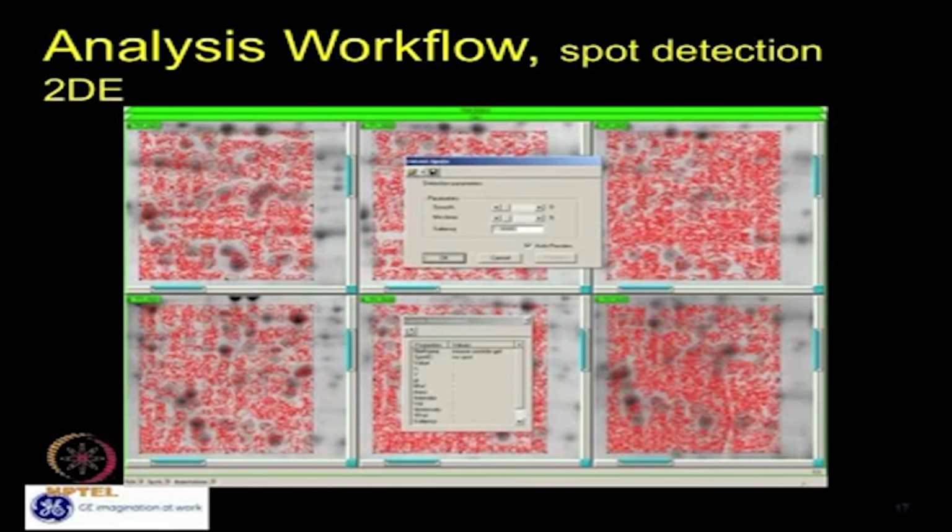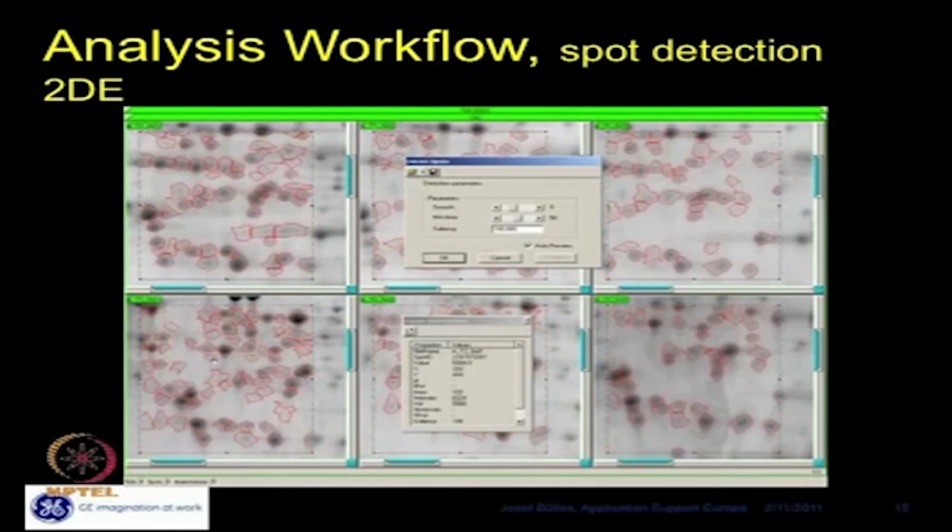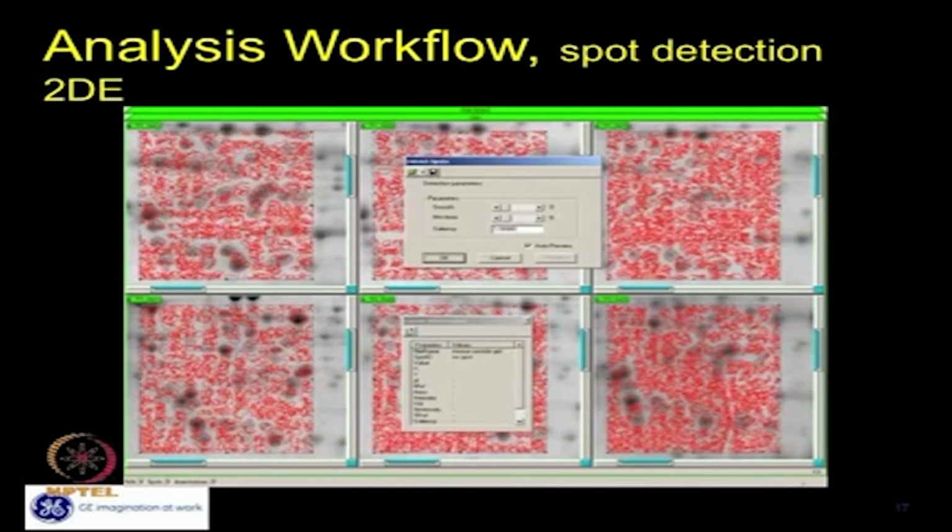These red boundaries are software generated, and these are the parameters we are talking about: the smoothness, saliency, and minimum area. These three are spot detection. Once you put this in earlier, you can see the spots are very densely detected. That means some wrong parameters have been given.